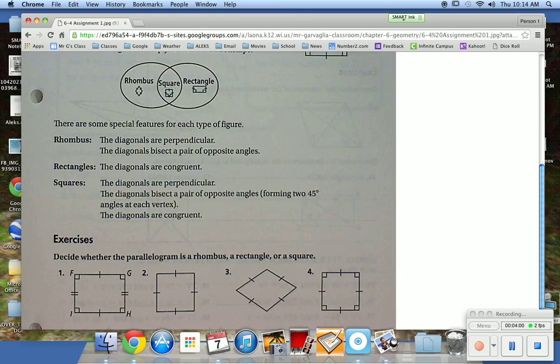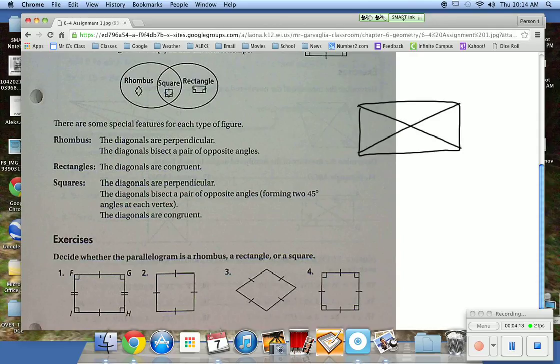Next one. Rectangles. They're congruent. If I drew a rectangle, and I drew my diagonals, those diagonals are congruent. This whole diagonal right here is congruent to this whole diagonal right here.